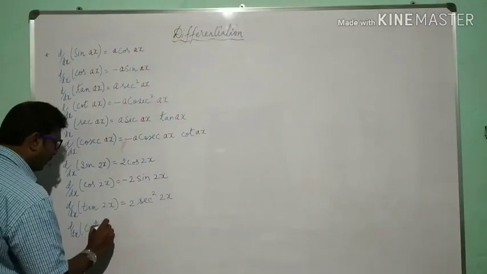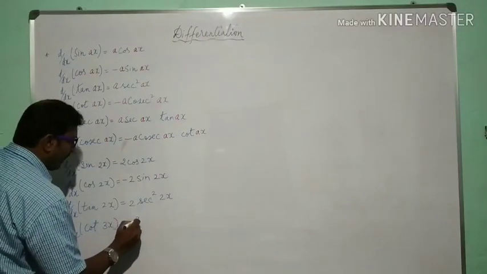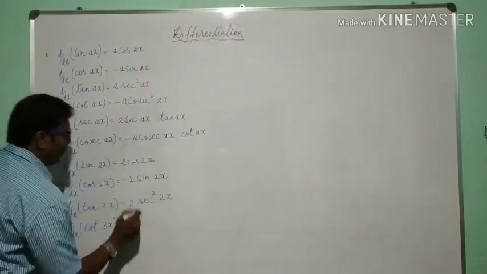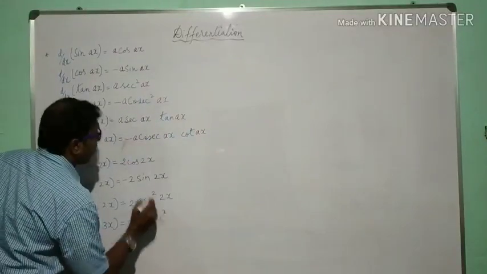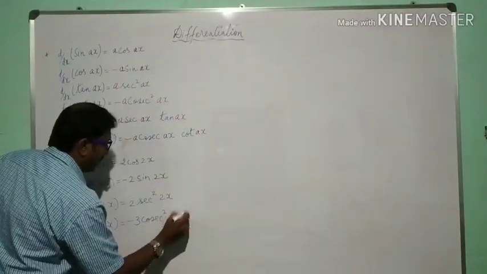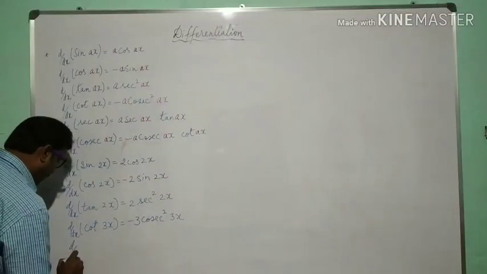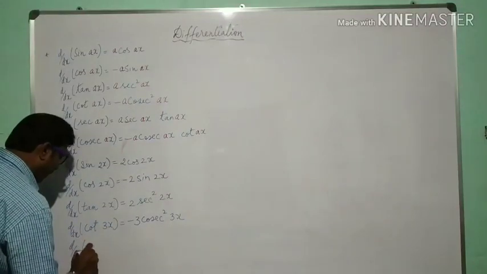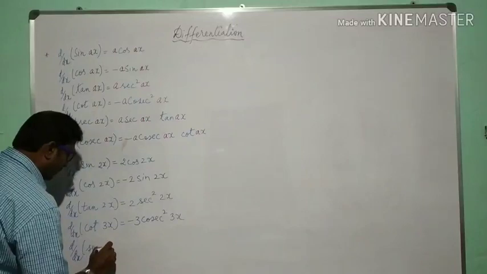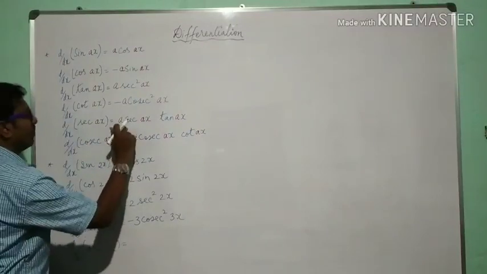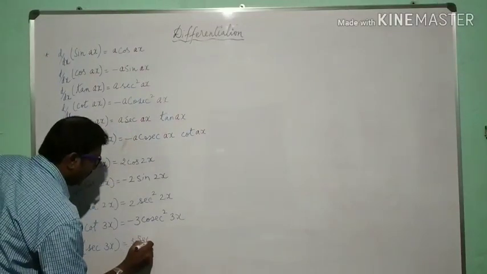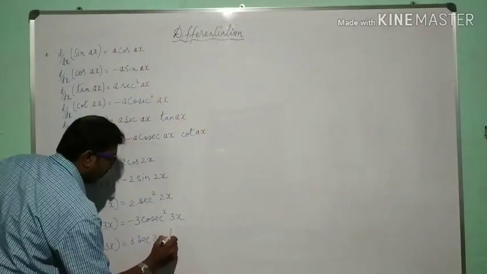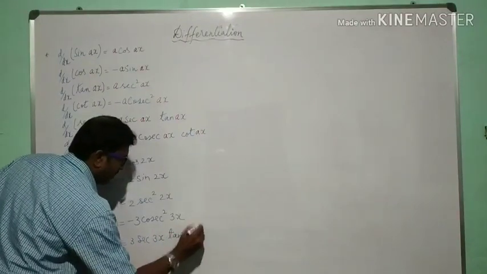Derivative of cot 3x is minus 3 cosecant square 3x. D by dx of secant 3x is 3 secant 3x tan 3x.